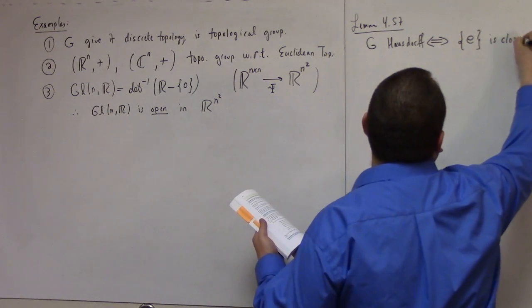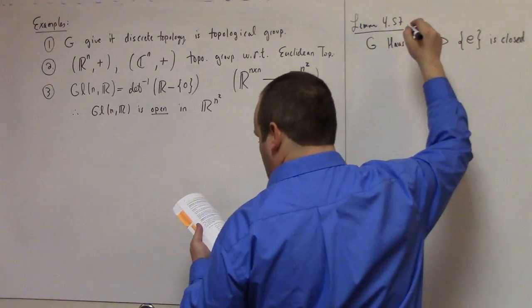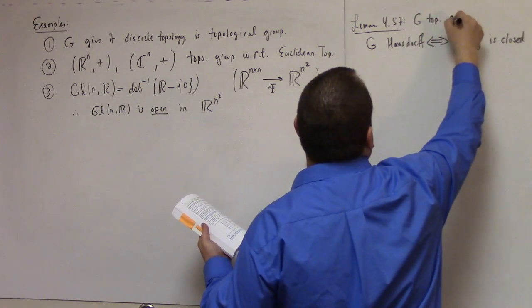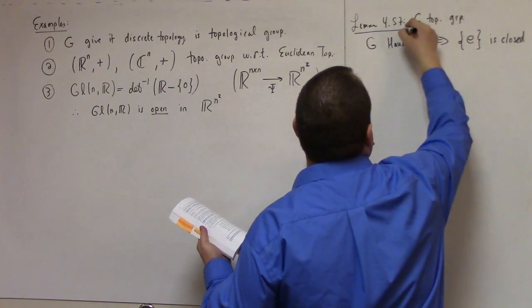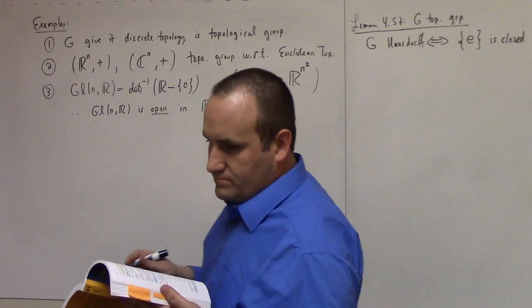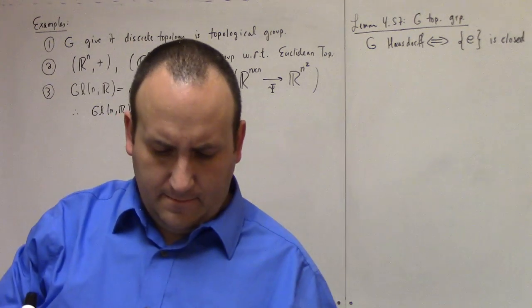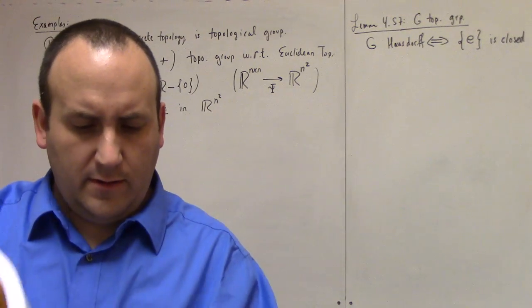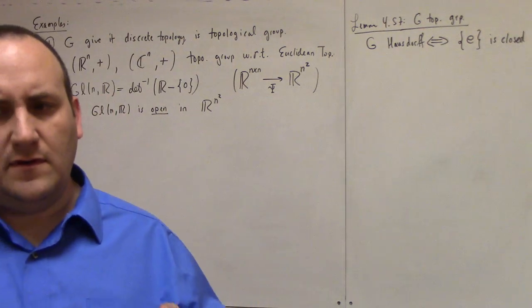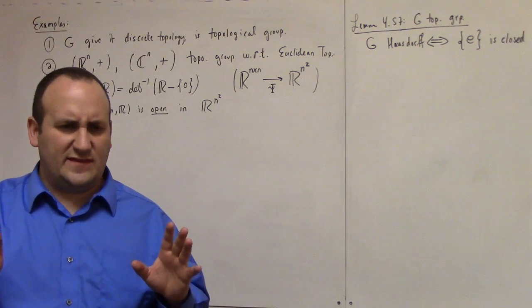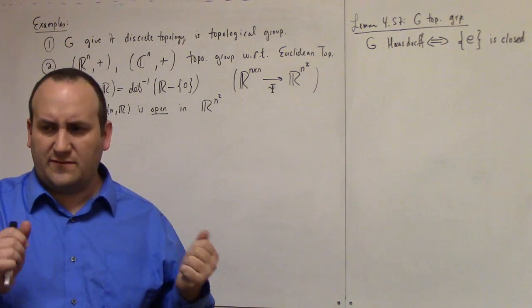I see the import of this lemma. G, topological group. Now, is that a characterization we had before? No, I don't think we ever had a theorem that stated that it was Hausdorff if and only if points were closed.